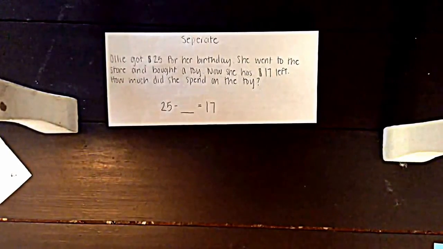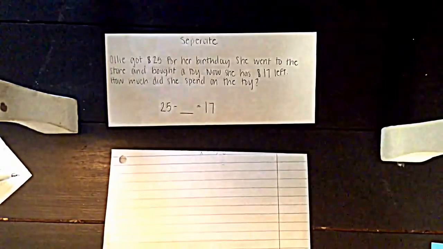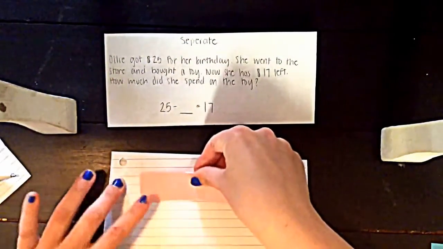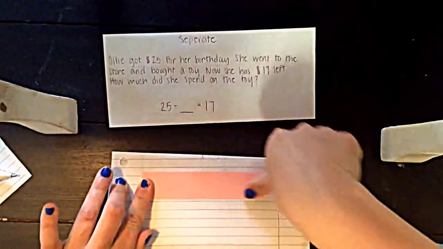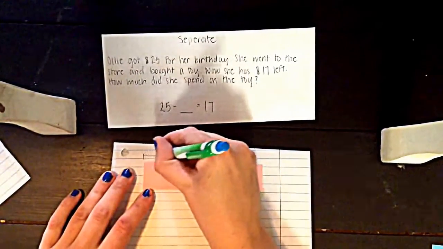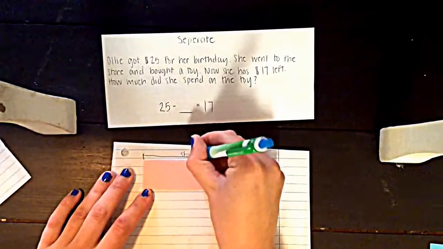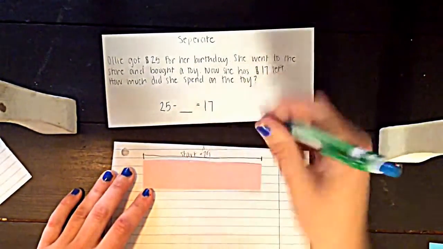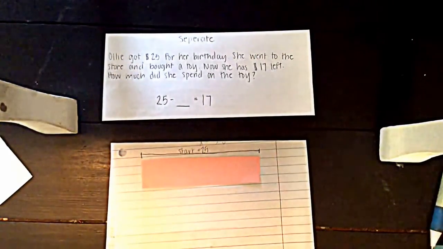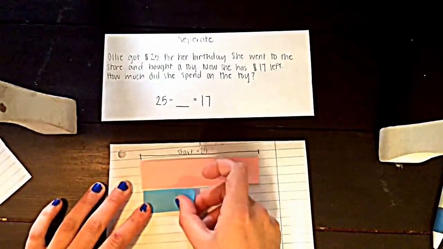So again, I'm going to show this problem using the linear model. So when we're doing a separate problem or a subtraction, we're going to start with our start value, which again I'm going to represent by a colored strip of paper. Start equals 25 right here. This is our start value. And then we're taking away an unknown. So I'm going to represent that unknown underneath my start value.